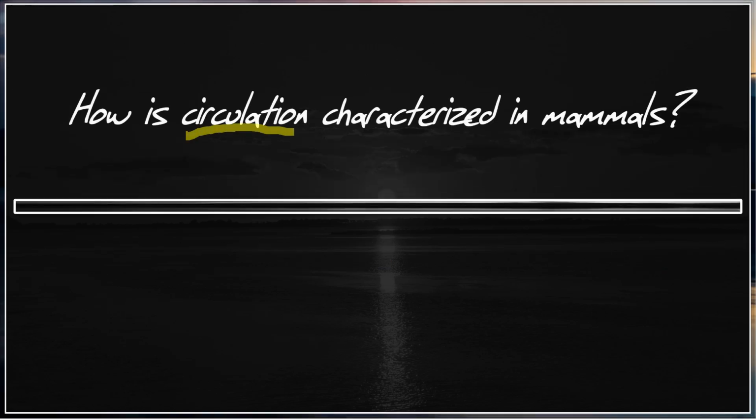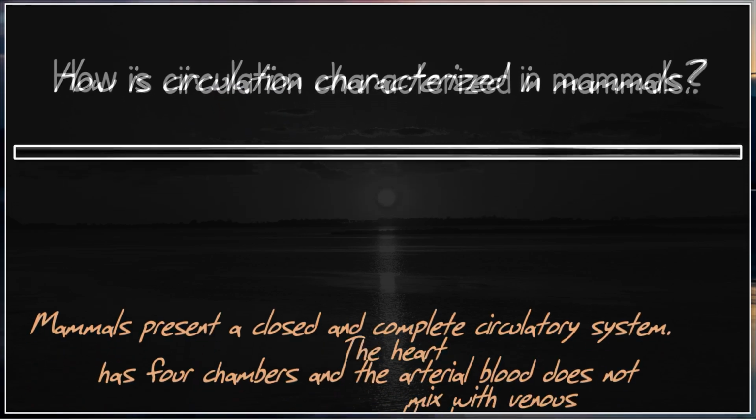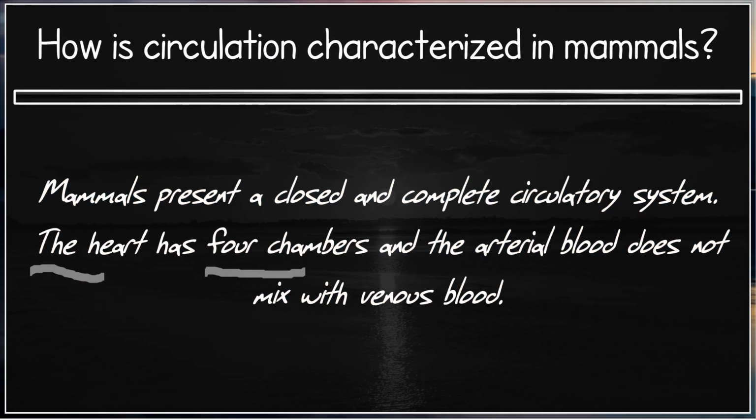How is circulation characterized in mammals? Mammals present a closed and complete circulatory system. The heart has 4 chambers. Arterial blood does not mix with venous blood.